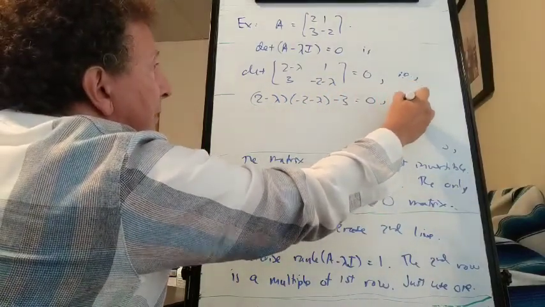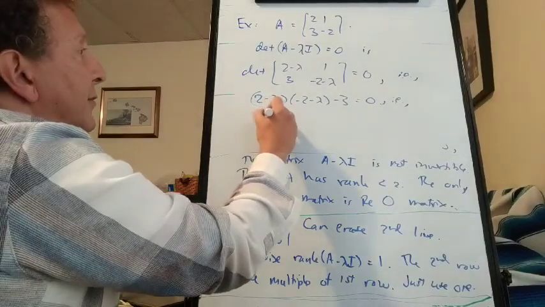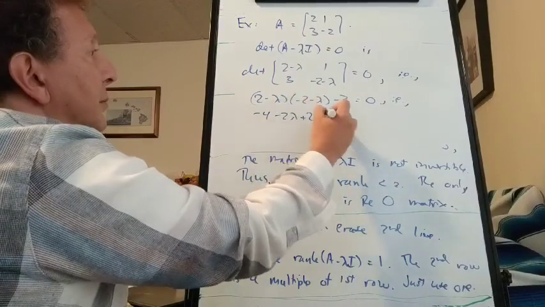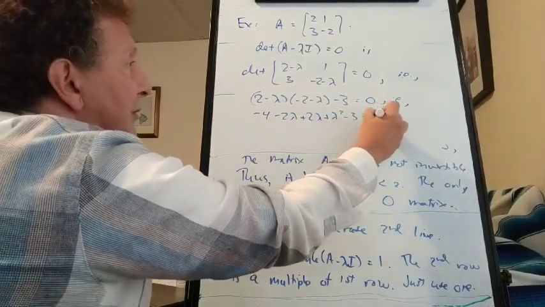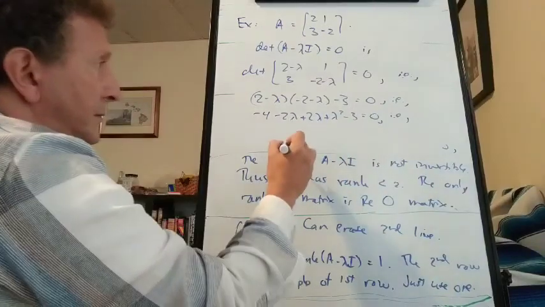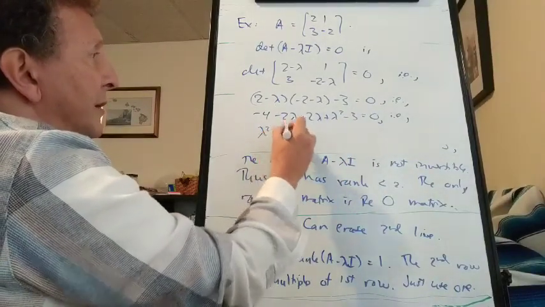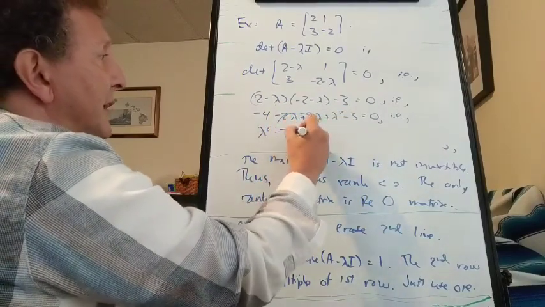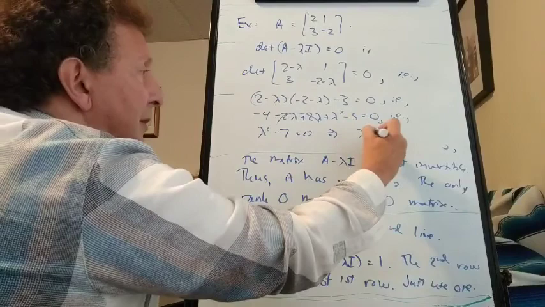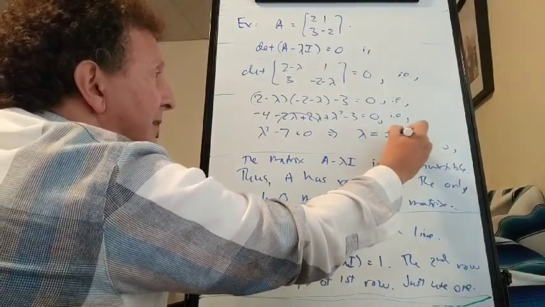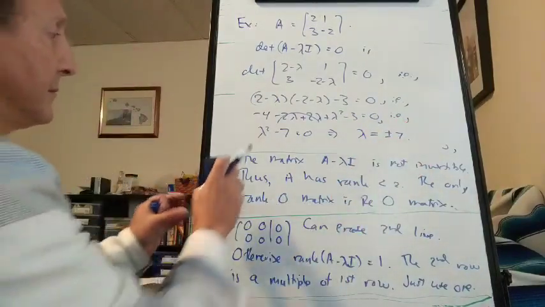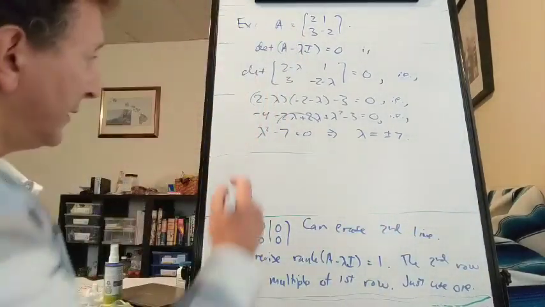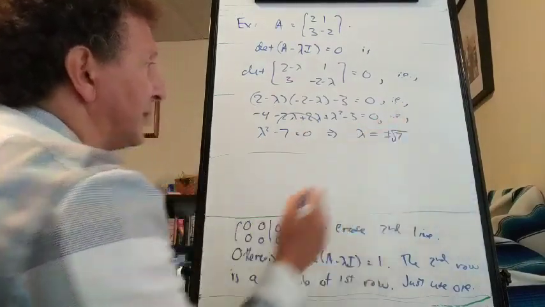And that is, let's see, negative 4 minus 2 lambda plus 2 lambda plus lambda squared minus 3 equals 0. So in other words, the negative 2 lambda and 2 lambda cancel each other out. Lambda squared minus 7 equals 0. So lambda is plus or minus, oops, sorry, plus or minus square root of 7.